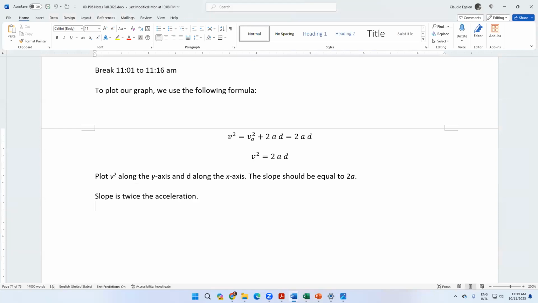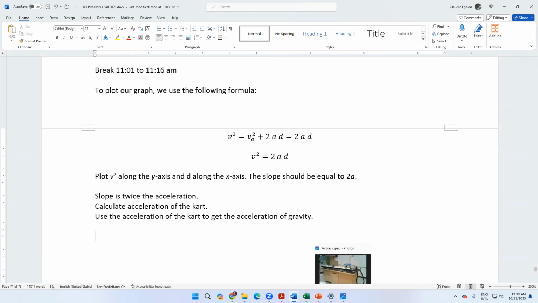Acceleration, right? Calculate acceleration of the cart. Yeah, it's K, right? Use the acceleration of the cart to get the acceleration of gravity. And how do we do that?